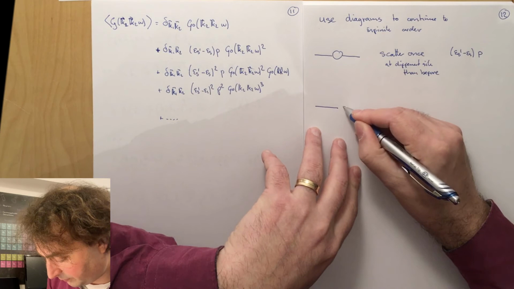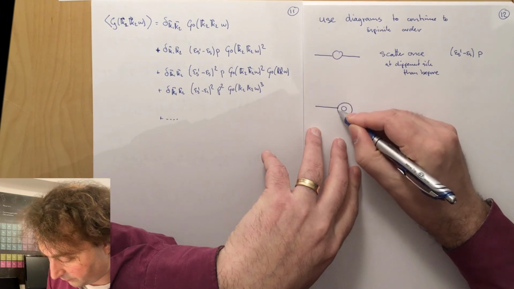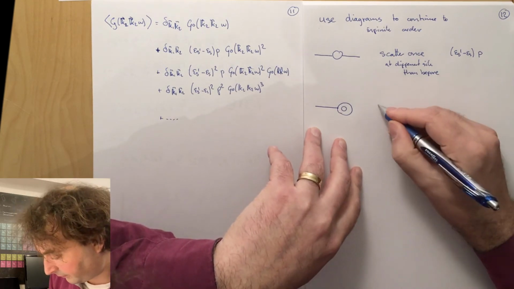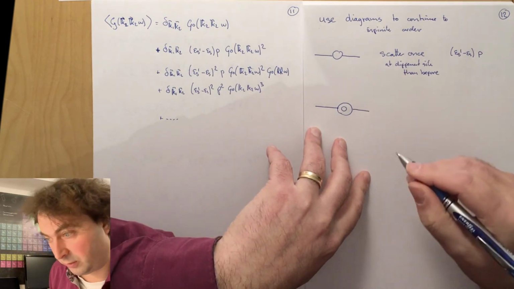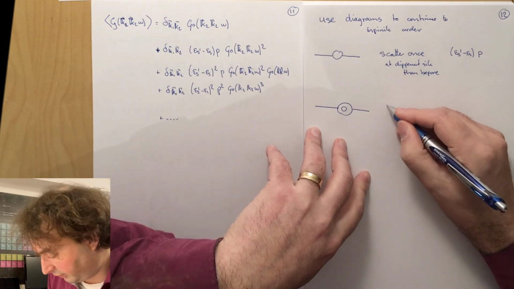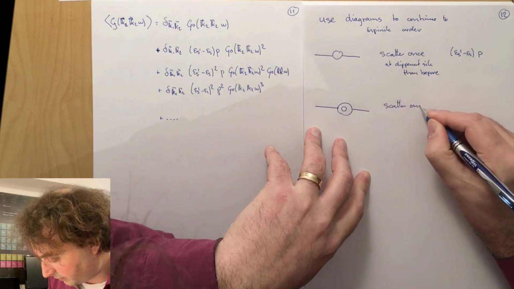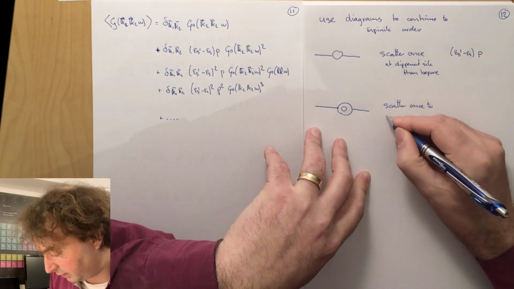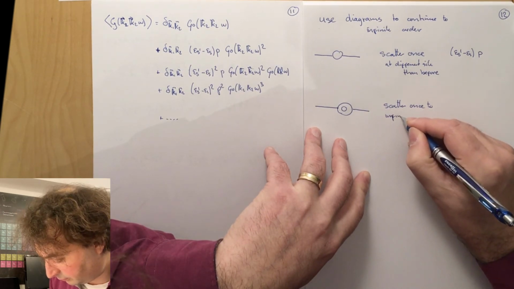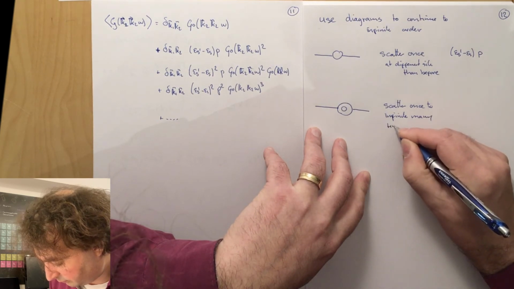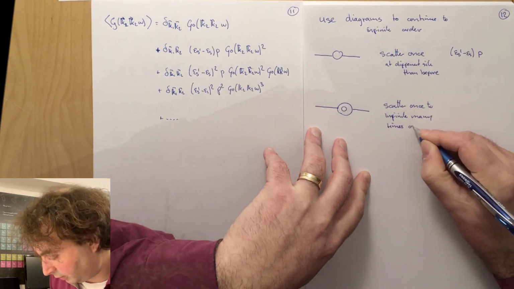Now we can come, we scatter at one site, and then scatter at that site again, and again, and again, and again. And we can do that one time, or two times, or three times, or infinite times. Scatter once, to infinitely many times, on the same site.